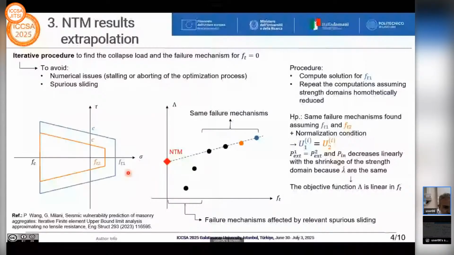Here on the left, we have a possible strength domain for an interface. It's a Mohr-Coulomb failure criterion, the blue domain, with a tension cutoff and a compressive cutoff that represents in a reasonable manner the behavior of masonry.